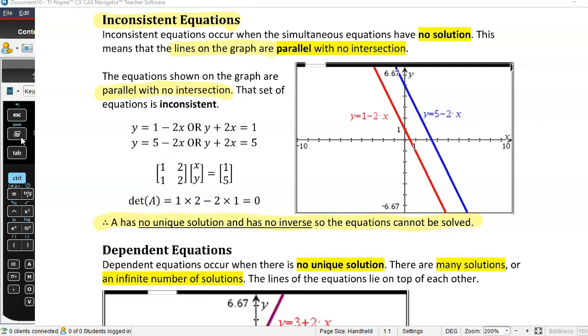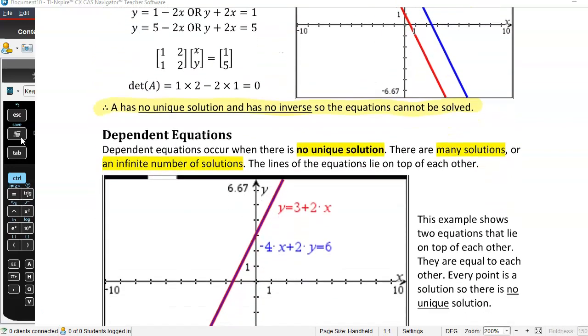Because that determinant is equal to 0, there's no inverse, so we can't solve them. Okay, now these two equations are parallel. Do you remember why they're parallel? It's because their slope is the same. Okay, their slope is the same. That means that they're going to be parallel.